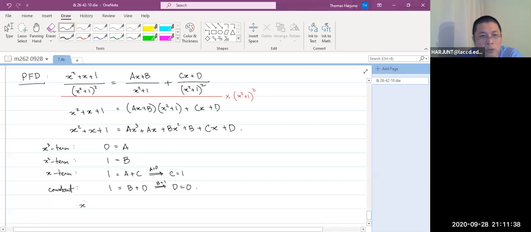Therefore, x squared plus x plus 1 over x squared plus 1 squared is equal to 1 over x squared plus 1, I love it so much, plus x over x squared plus 1, being squared. Oh, I can use u substitution for that.